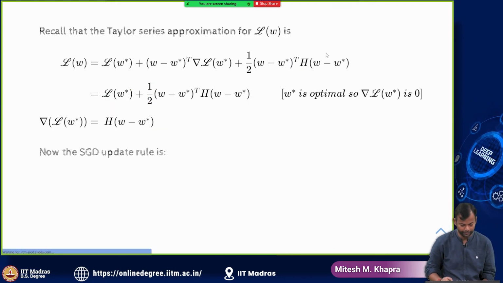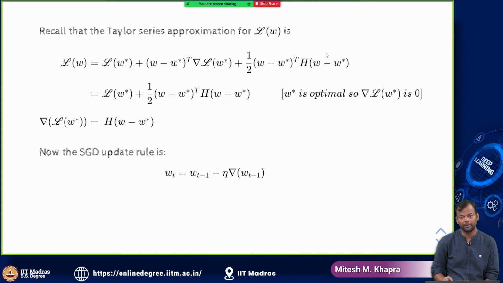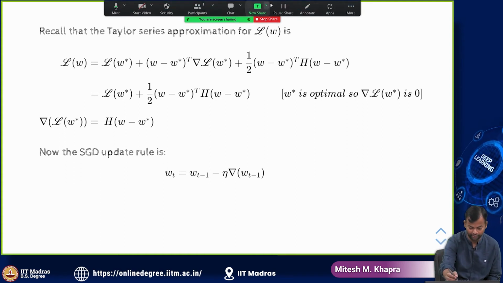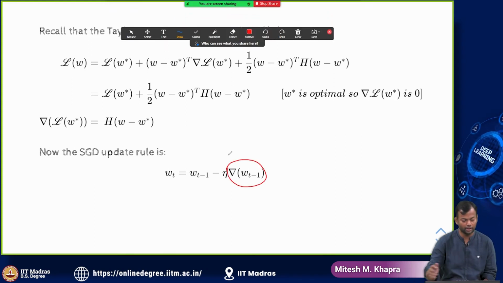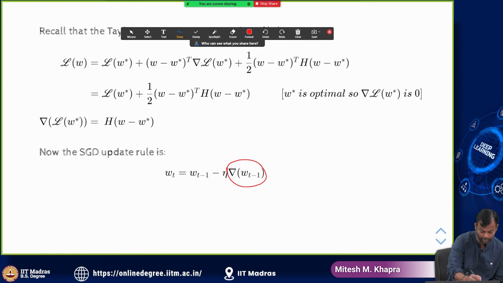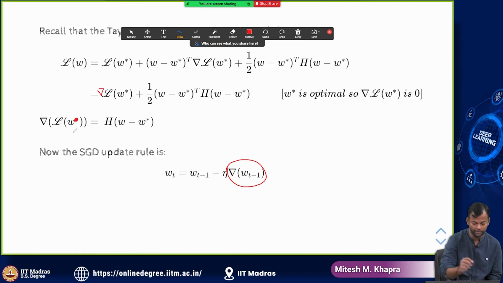Okay, so now the SGD update rule would be Wt is equal to Wt minus 1 minus the derivative of the loss function, right? Sorry, this should not have been W star, this should have been W only. The W star was here and that becomes 0, so this is only W, right?